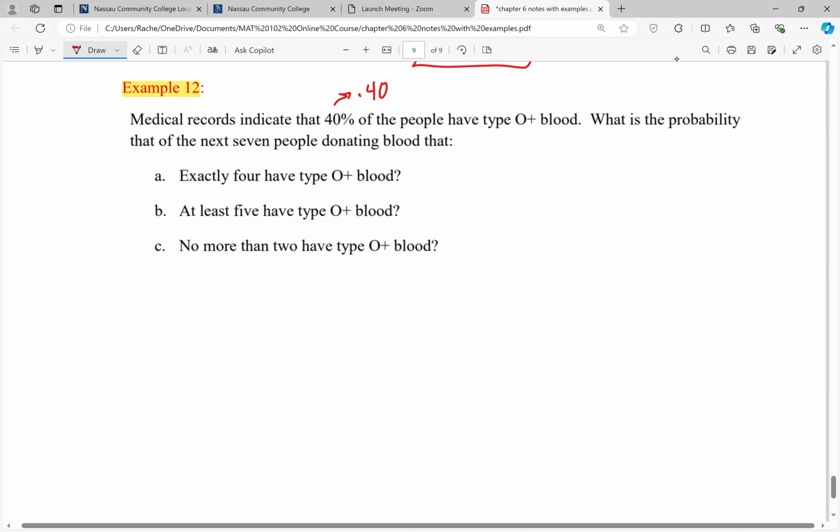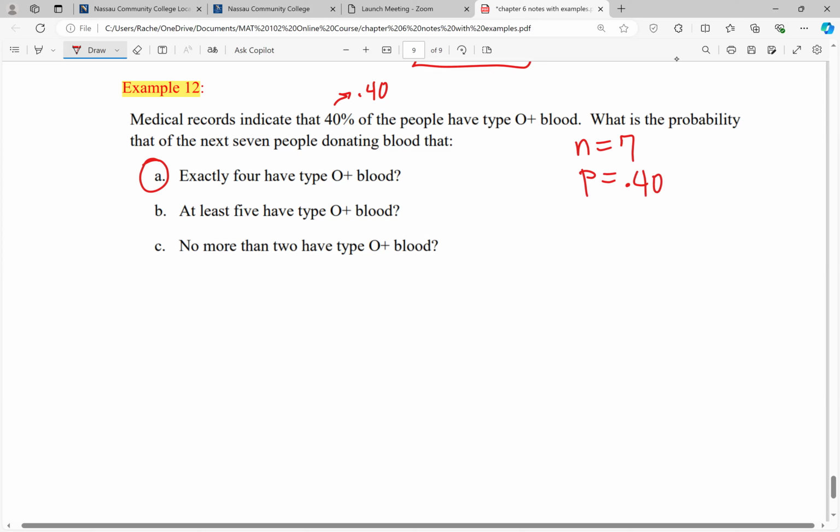What is the probability that of the next 7 people donating blood, A, exactly 4 are going to have O positive blood? So we said, okay, there's N independent trials, or 7 people in this case, that are going to donate blood. So there's 7 trials. And the probability of being successful or having O positive blood is 0.40.